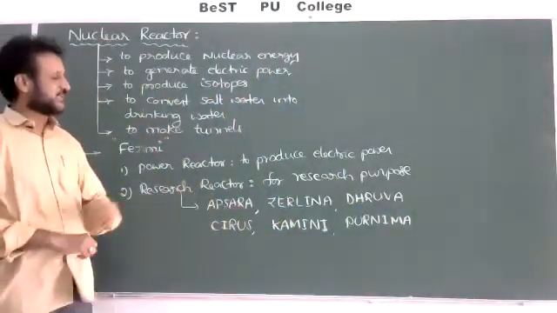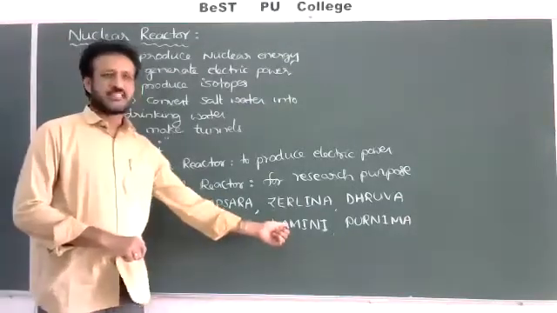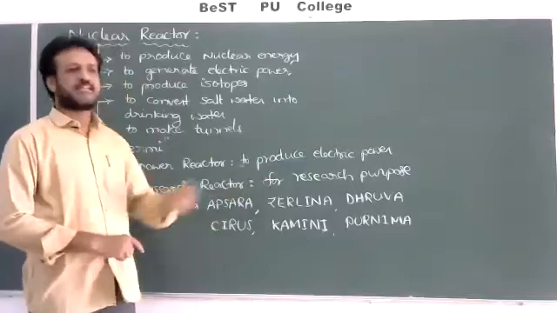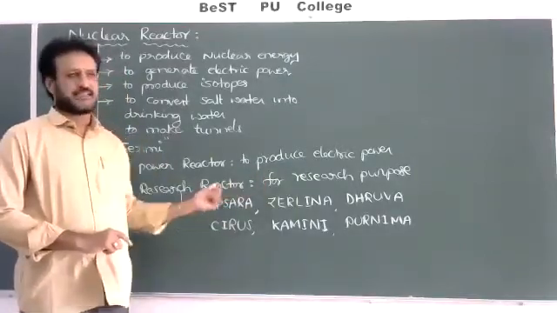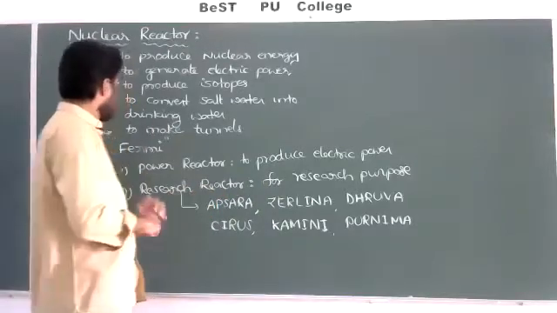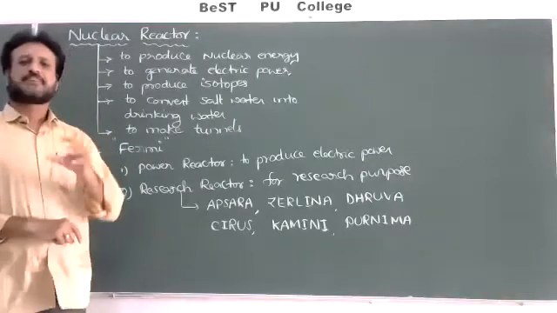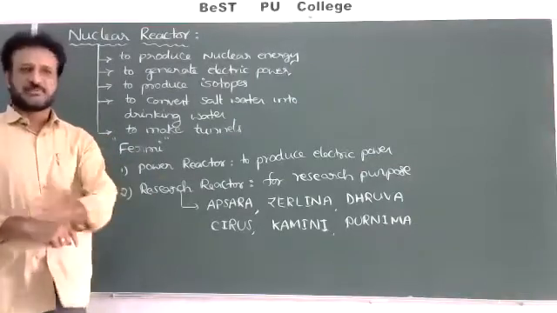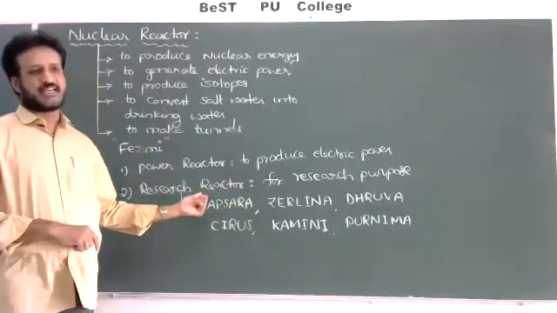The majority of these reactors will be in Tamil Nadu, but the remaining majority will be in Trombay, that is in Mumbai, Bhabha Atomic Research Centre, the main reactors. Sometimes a question may be asked, which of the following is a power reactor, and some names will be given. Whenever the name of a reactor is given, it is an example of a research reactor.